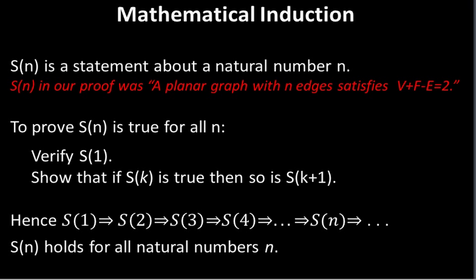And so here's an outline of how we did it. This statement, I'm calling S of n, is true for all n. Well, we verified that if we had e equal to 1, if we had one edge, then Euler's characteristic was satisfied.